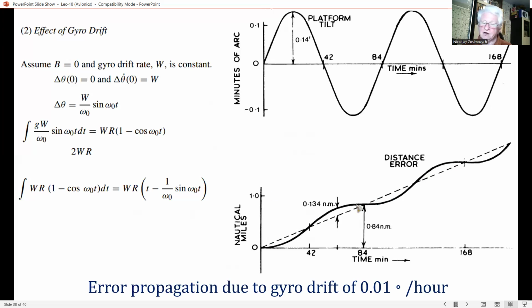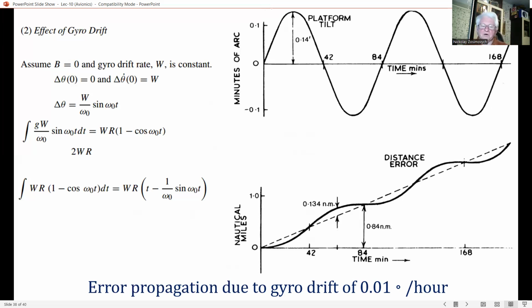And this figure on the right side illustrates the error growth for a constant gyro drift of 0.01 degrees per hour. In practice, this is not a constant quantity, and the distance error over a long period is proportional to the square root of the time of flight, if the variation in the gyro drift is random.